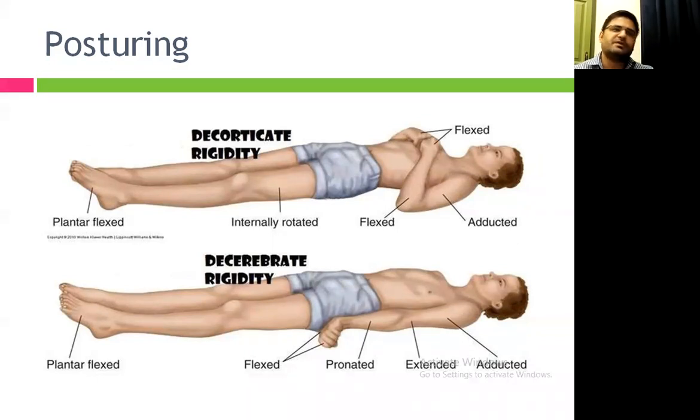But the major difference: in decorticate, elbows and wrists are flexed, with supination of the arm, whereas in decerebrate rigidity, elbows are extended and arms are pronated. Here you can see this is pronation, and this is supination of the arm.